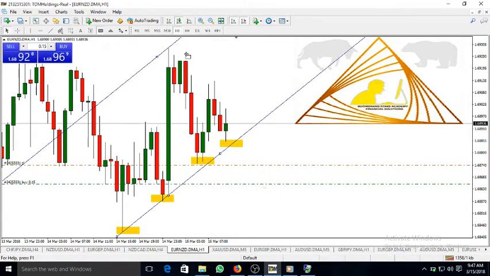And then how many resistances do I have? It's 1, 2. So my trend line going up goes below the support, right? And then my trend line going down goes along the resistance, right?